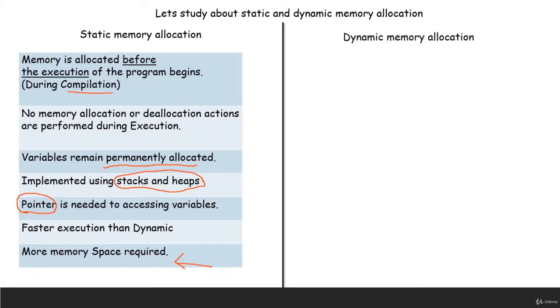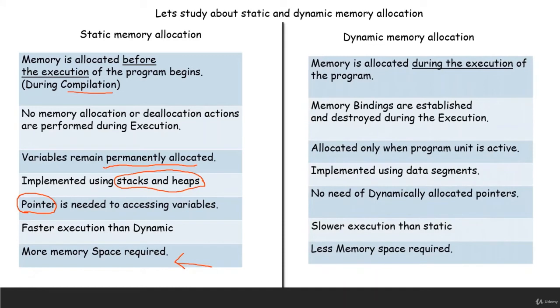The next one is dynamic memory allocation, and here are some points. Dynamic is totally opposite of static memory allocation. In static, memory is allocated permanently, whereas in dynamic memory allocation, memory is allocated temporarily. So memory is allocated during the execution of the program, meaning during runtime. Memory bindings are established and destroyed during execution.